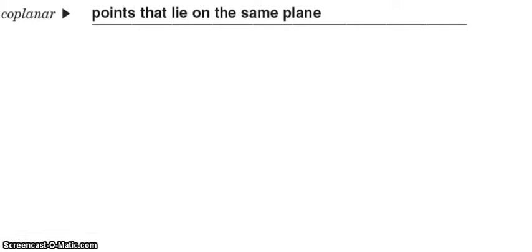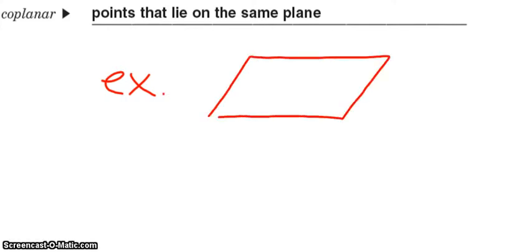Coplanar. Points that lie on the same plane. Example of this would be as follows. Again, to represent a plane, we draw this parallelogram and we put points inside it. Last time I used X, Y, and Z. Let's use C, F, M. Again, you need at least 3, if not more, points to represent a plane. Last time I only used 3.